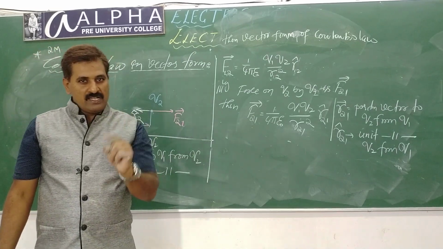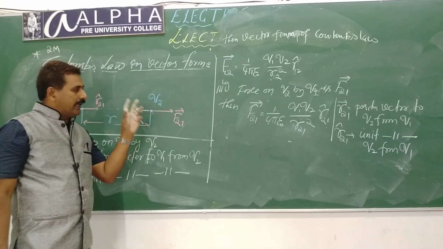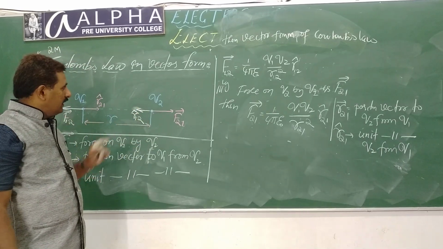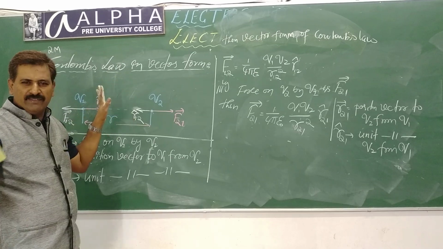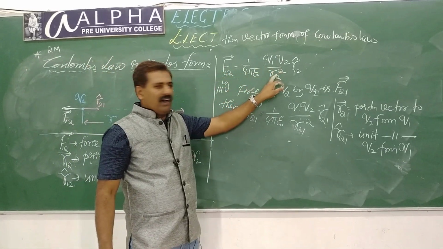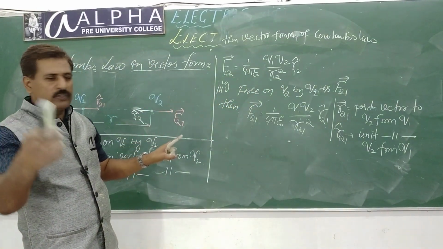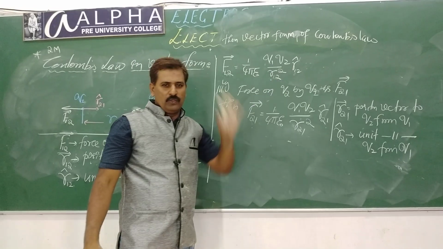And the SI unit of charge, the definition of charge Coulomb, and also how many electrons make 1 Coulomb charge. And Coulomb's law in vector form. Very simple. Coulomb's law, you know, 1 over 4 pi epsilon Q1 Q2 by r square. Just for r square you write r12 square. F12 is with r12 cap. That's it.